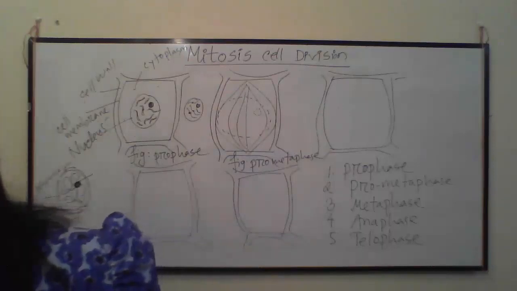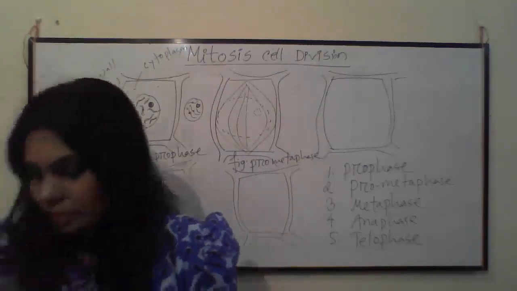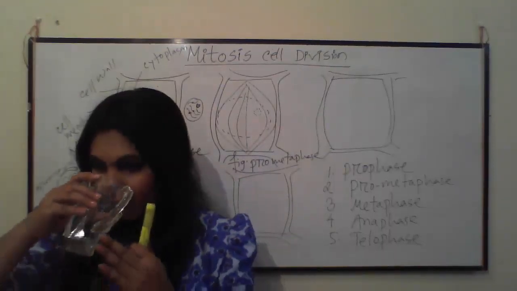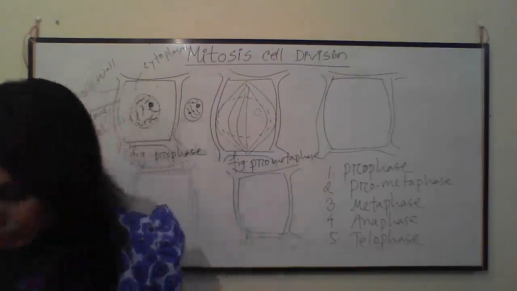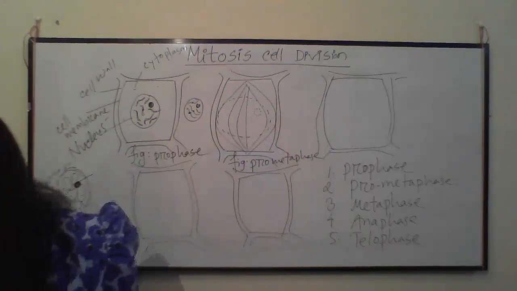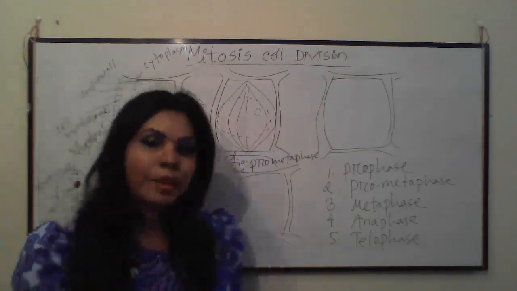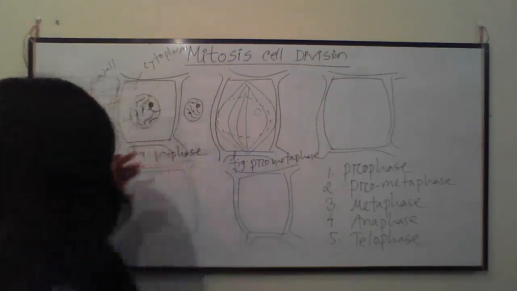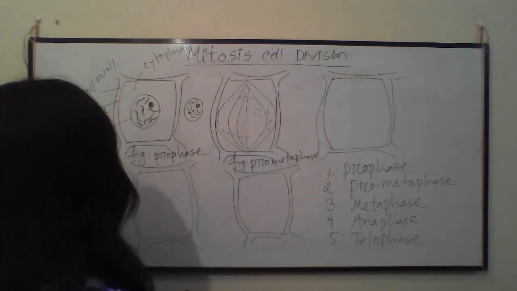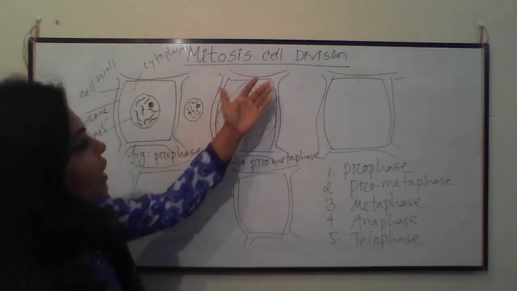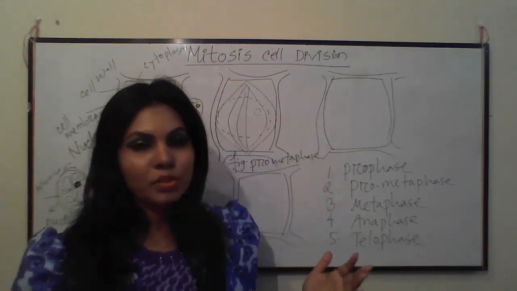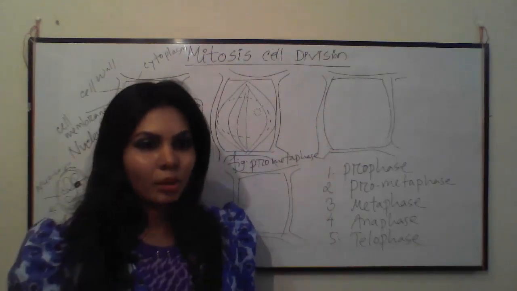Are you understanding? I'm just not writing every label, like cell wall, cytoplasm, cell membrane, nucleus. I don't need to write here because this is the basic of the cell.